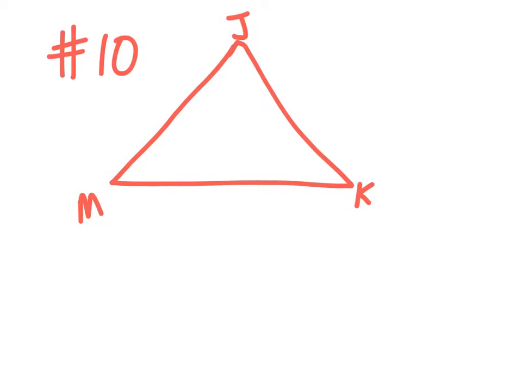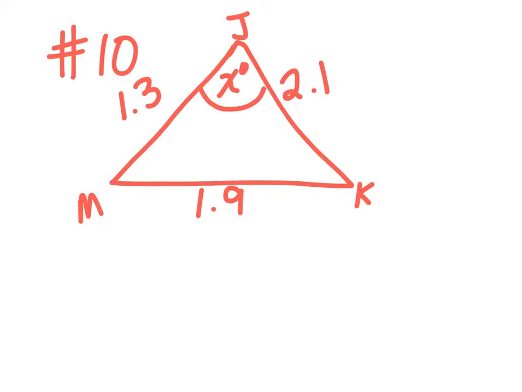The side lengths are 1.3, 2.1, and 1.9. And here we need to find the measurement of angle J. So J has an angle X there. Okay, so we're looking for this angle here. So go ahead and set it up and then solve for the measurement of angle J.